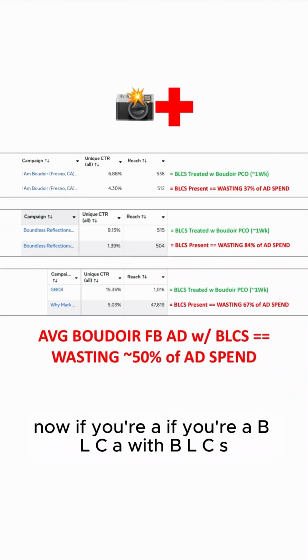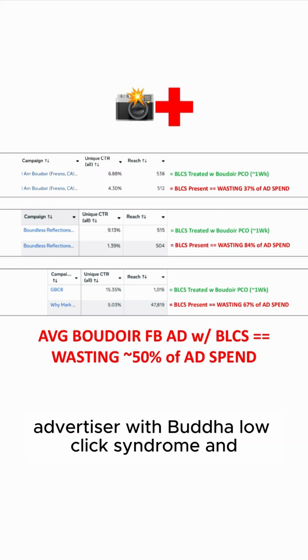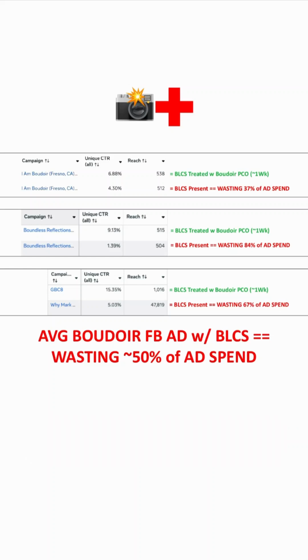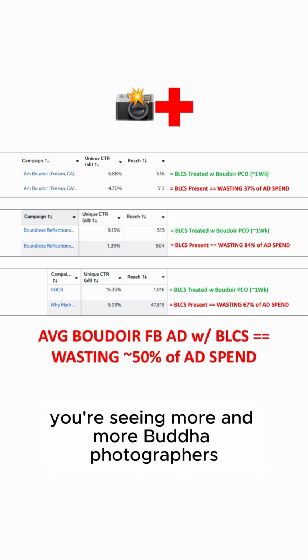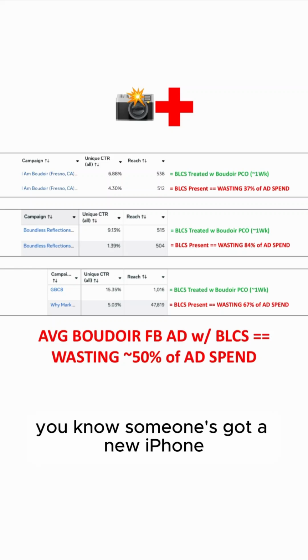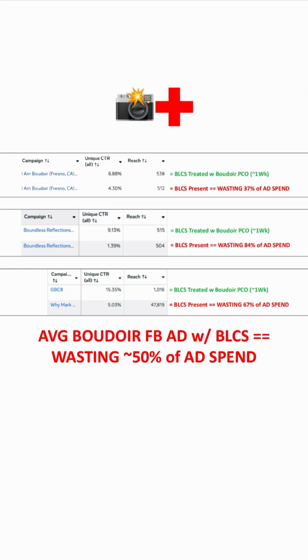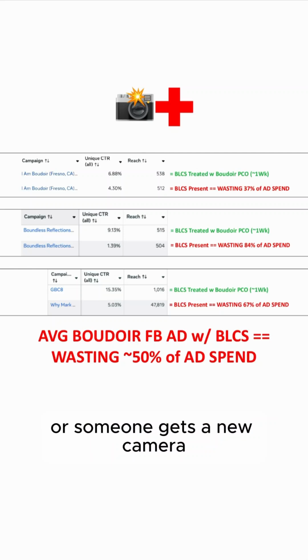Now, if you're a BLCA with BLCS, a Boudoir low click advertiser with Boudoir low click syndrome, and you're spending more than 10 grand a month on Boudoir Facebook ads, and you are looking around at the marketplace, you're seeing more and more boudoir photographers, and it seems like they're joining every day. You know, someone's got a new iPhone, they're throwing up a Google My Business profile, saying that now they offer boudoir shoots, or someone gets a new camera, now they're posting in the mom groups that now they offer boudoir photo shoots.